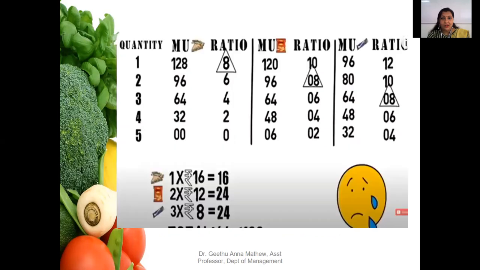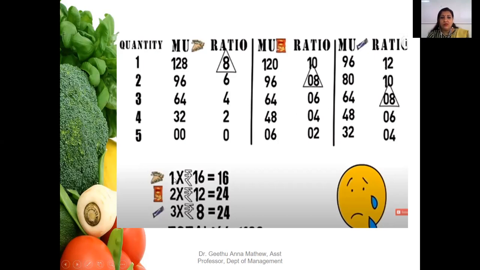Now we are going to allocate, that is, properly distribute the 100 rupees. First, let's look at the ratios. In sandwich, 8 is there. In chips also, 8 is there. And in chocolate also, 8 is there. So let's take those three ratios, 8, 8, 8. Here the consumer is going to buy one sandwich, two chips packets, and three chocolates.